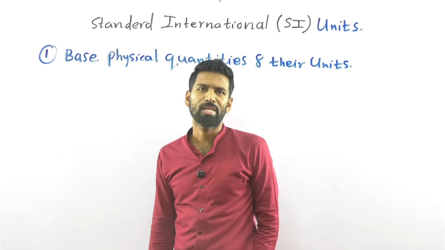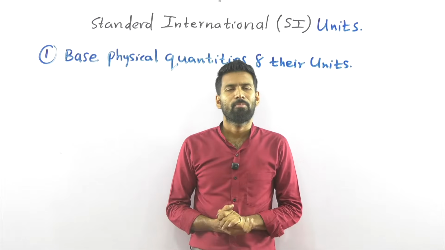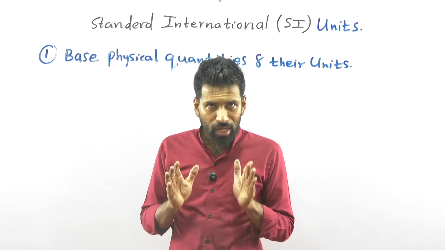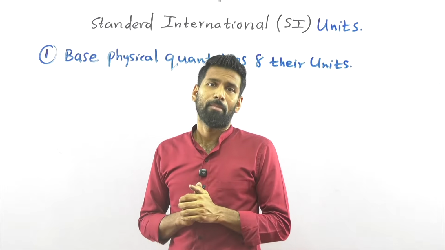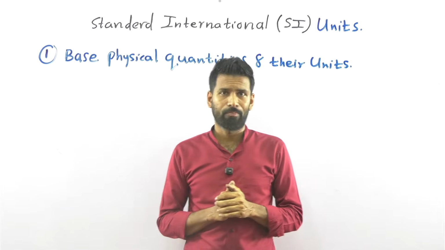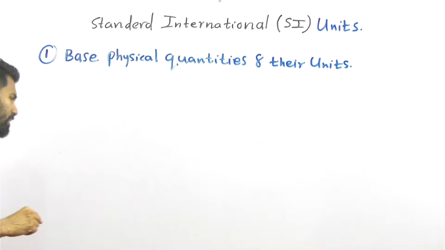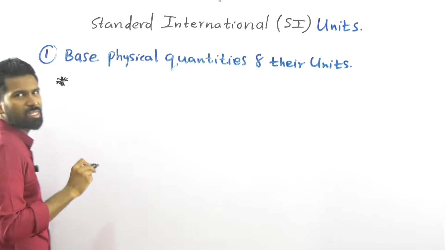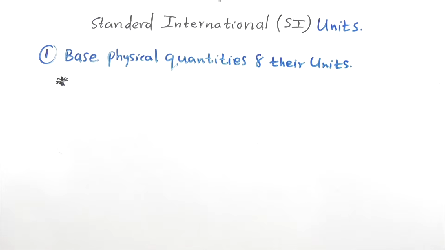I'll explain what a base physical quantity means, but before that, I will write them, and it's easy for me to explain. Remember, there are 7 base physical quantities. After writing these 7, I will explain what a base physical quantity means.